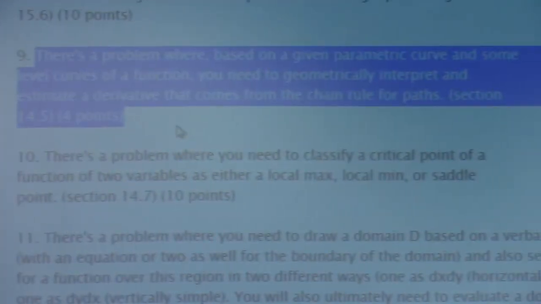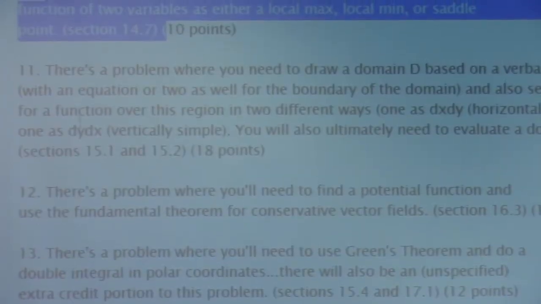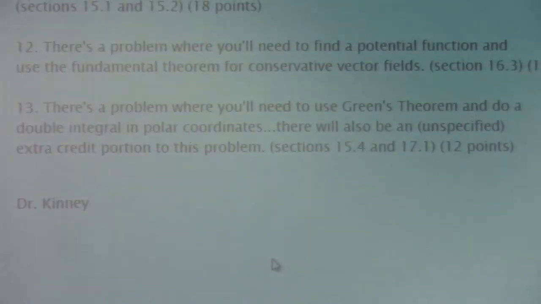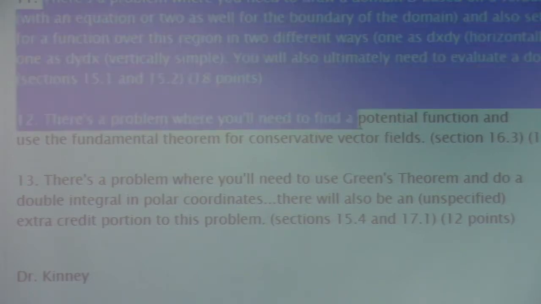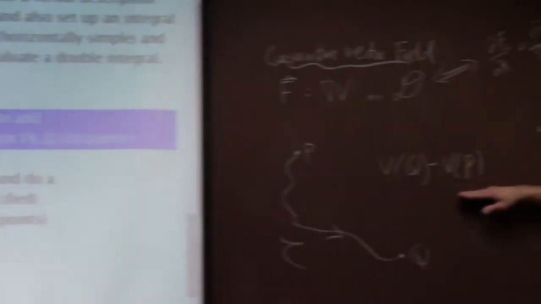Real quickly, 10 is computational. 11 is draw the domain and do the integrals in 2 different ways. One is a vertically simple region, one is a horizontally simple region. D is going to be a certain triangle, you're going to have to draw it accurately. 12, you'll need to find a potential function and use the fundamental theorem for conservative vector fields, which is to do the integral by doing this difference.